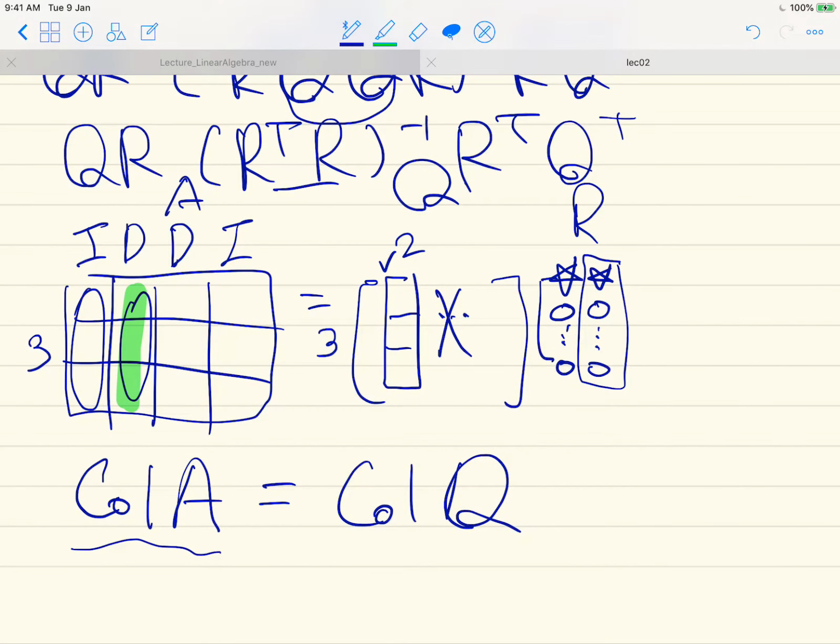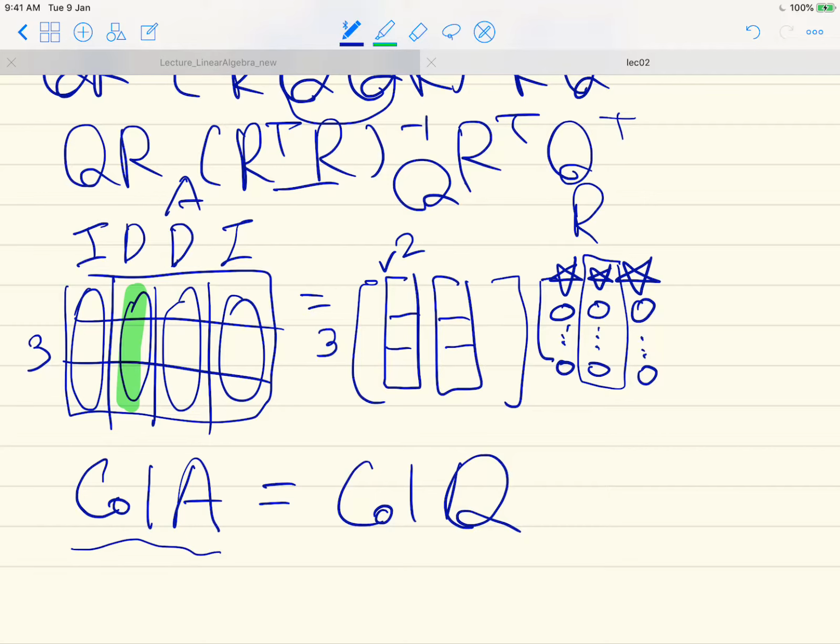Okay, and then let's move to the third column. In that case, it will still produce no non-zero orthonormal basis columns. And what about the R? R will also be like this, right? And then finally we have another linearly independent one, and now we can fill out the second column in our Q, right?